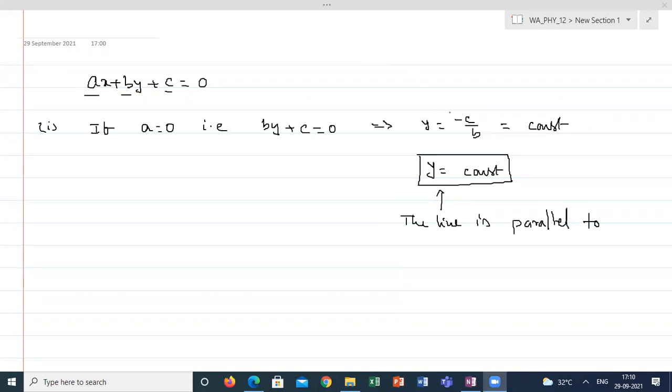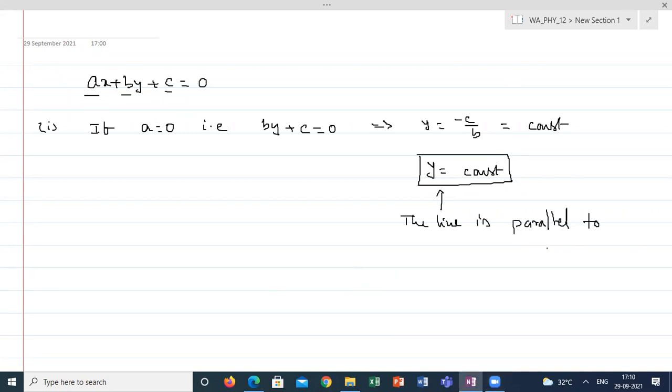Many are there from the class. It will be parallel to x-axis. Any others? Are you there in the class at least? Sir, it will be parallel to x-axis. Yes, I can hear you, Nitish. Just hold on a minute. What about others? Yes, sir.